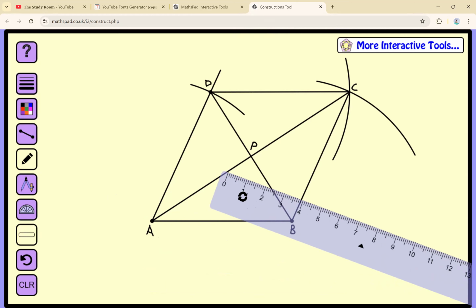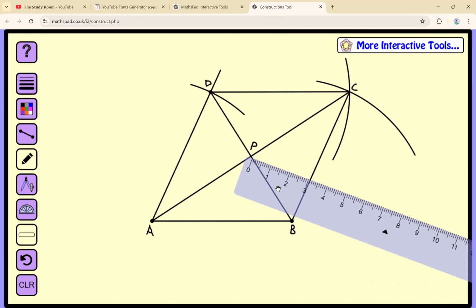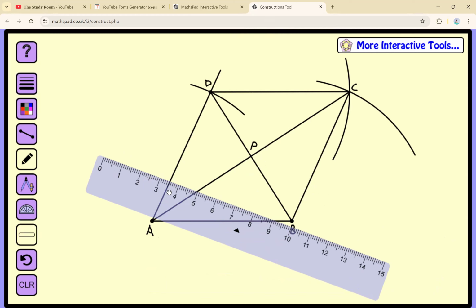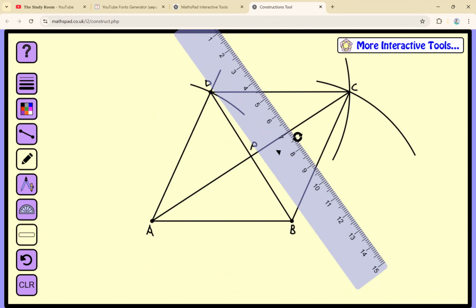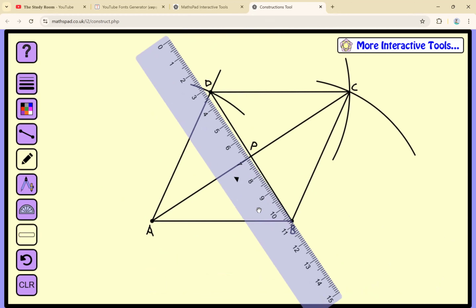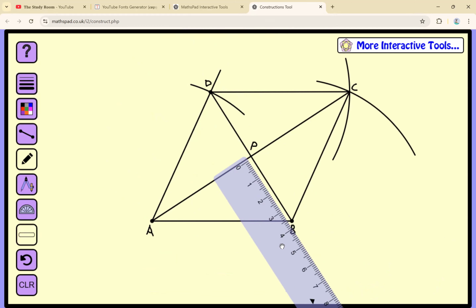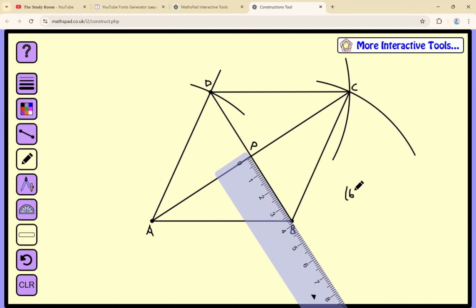Maybe I'll put a 0 here. So just around here, you should be able to get about 3.8 cm. So the answer for part B will be about 3.8 cm.